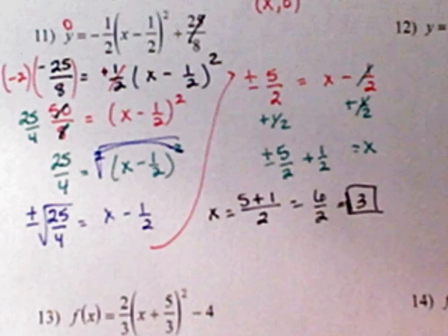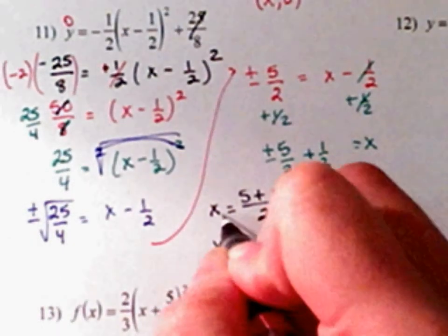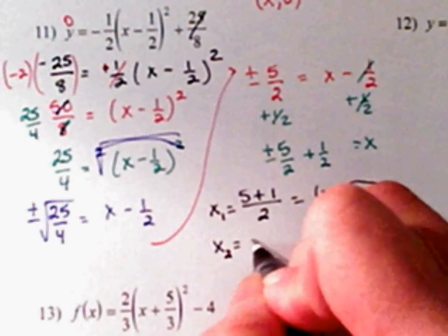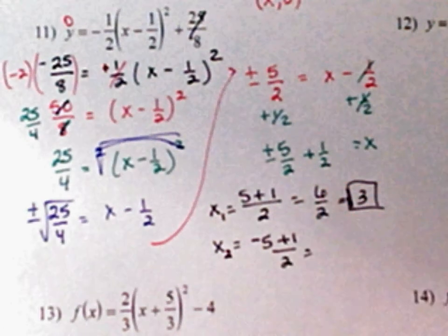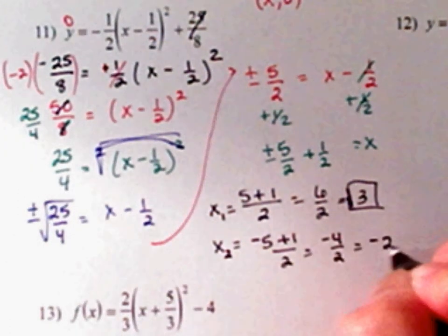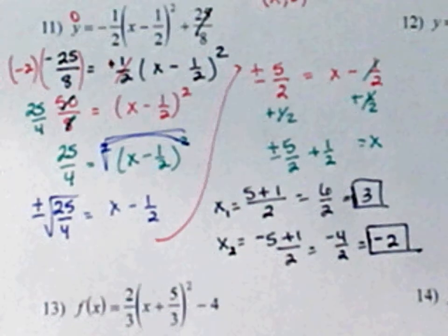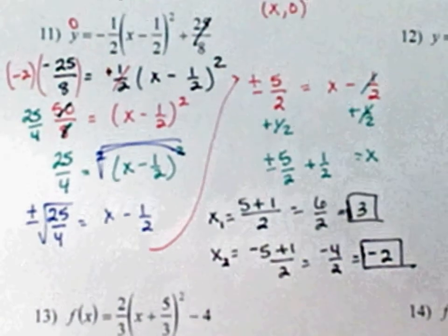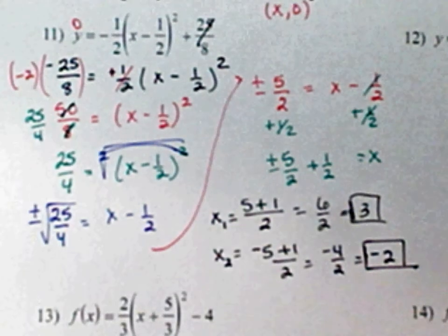Next one, it's a negative. So there's your first, here's your second. Negative 5 plus 1 over 2. Negative 5 plus 1 is negative 4 over 2, which simplifies to negative 2. And there's your number 11. Do not be scared of fractions. It's just a division.